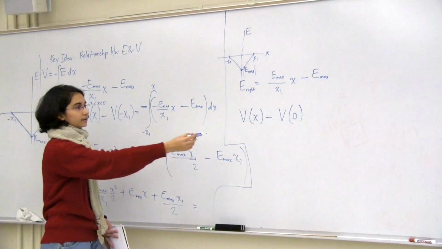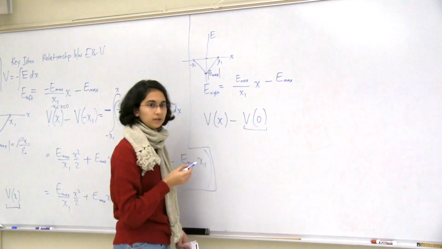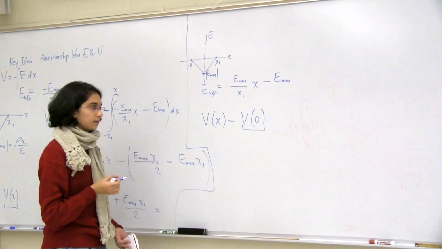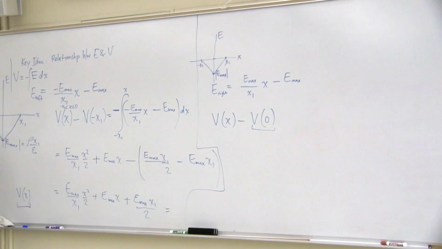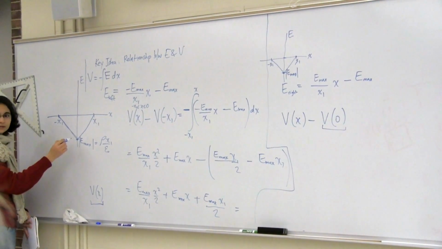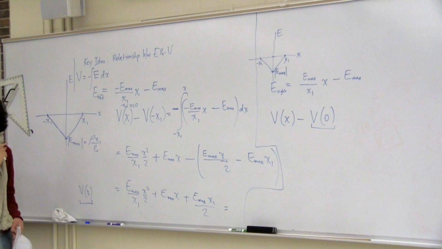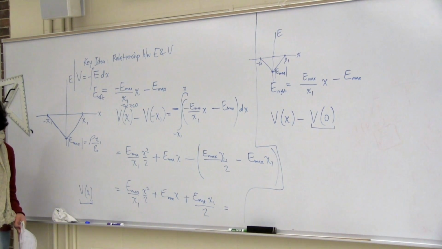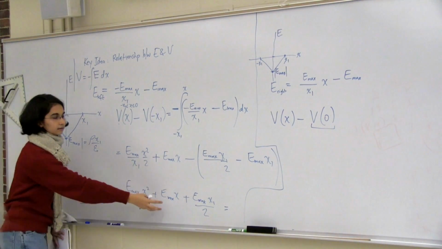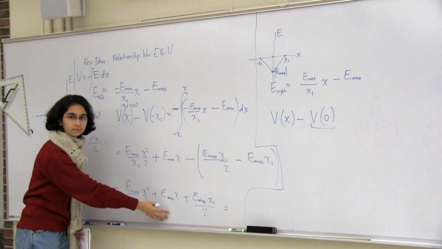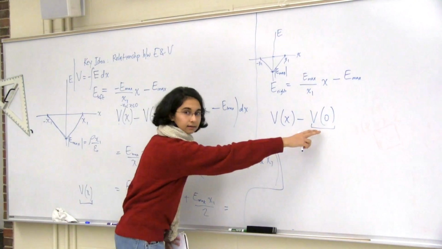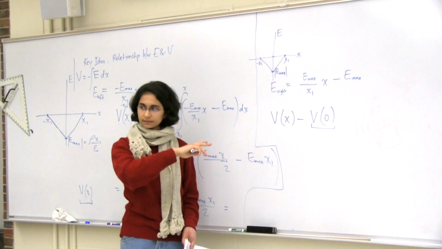But I can't assume that about V of 0, right? But I did something here that would give me V of 0. I found an expression for any arbitrary x ranging from negative x1 to 0, so I can just plug in x equals 0 here and get that. Does that make sense?